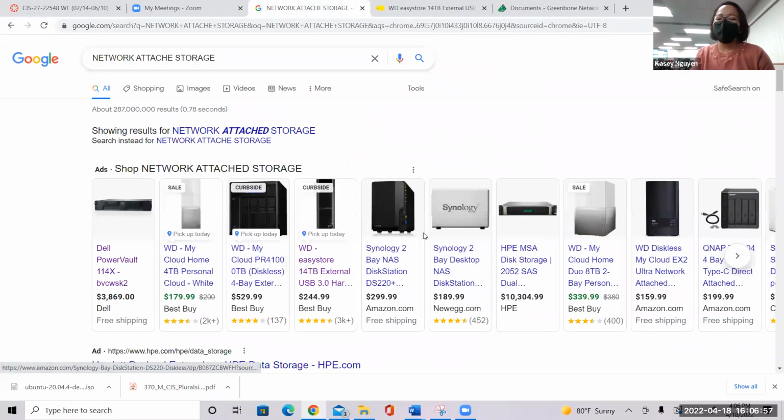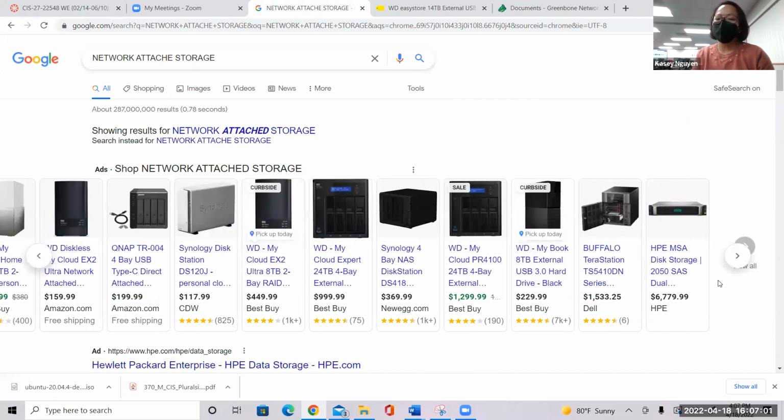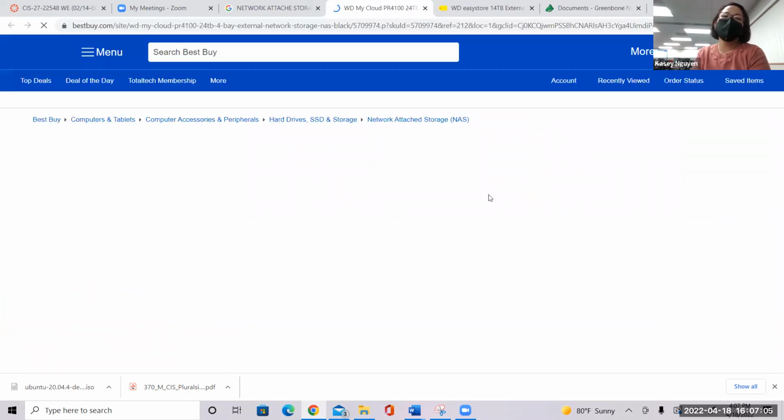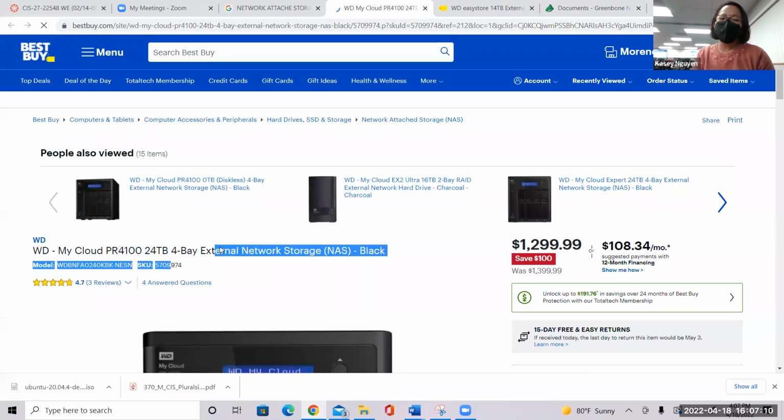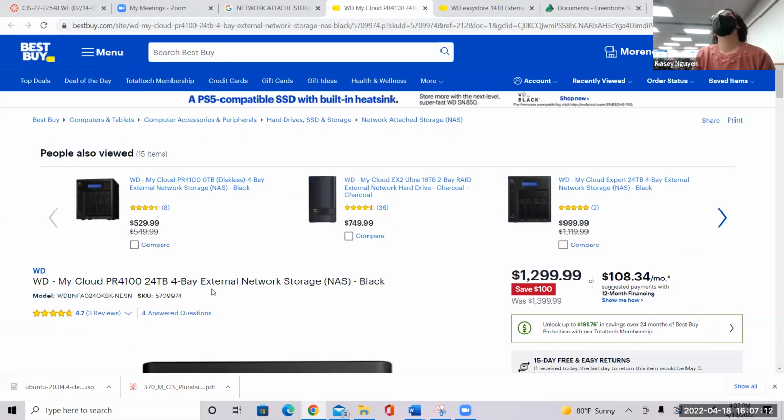So pick one that you like, right? And then read about it. So here's another one from Western Digital. It's 24 terabyte. Now, be careful. It says Bay. Okay. Does it contain 24 terabyte?